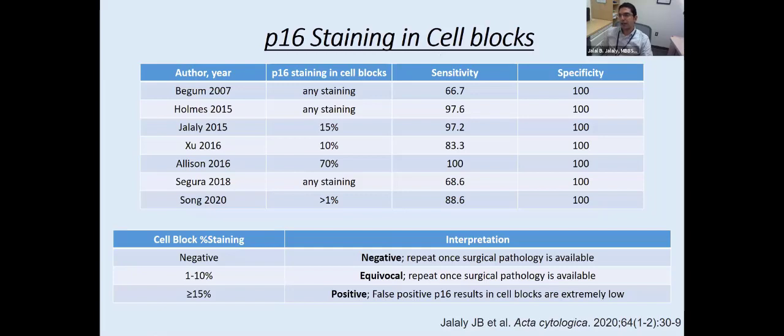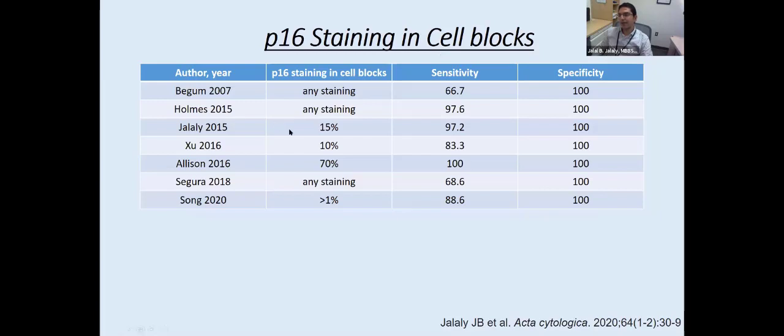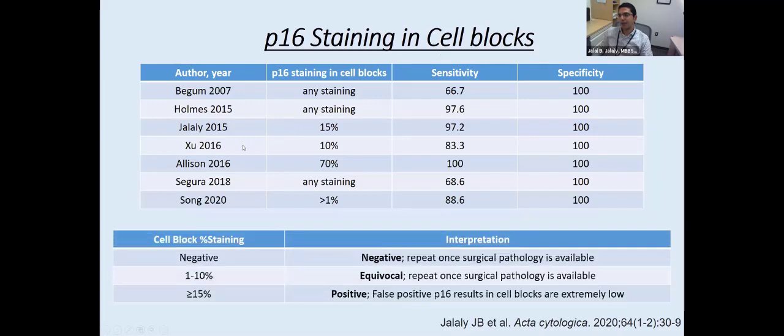So when dealing with P16 staining in cell blocks, what do you use as a cutoff for positivity? There are many studies out there with variable cutoffs, but we have reviewed these studies recently and shown that false positivity in P16 in cell blocks is extremely rare. But having said that, it's not similar to surgical pathology specimen.